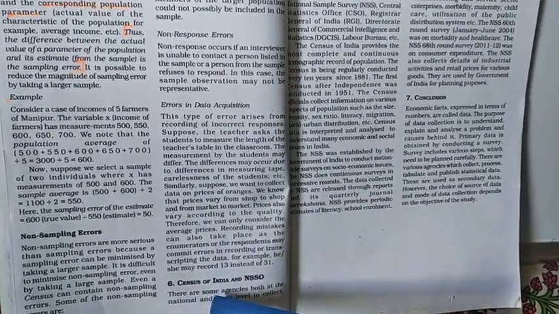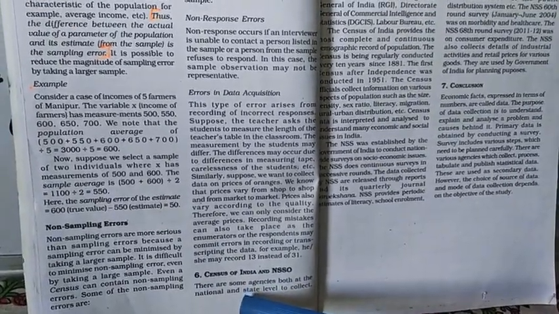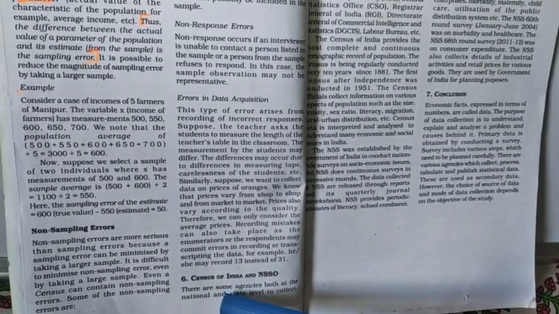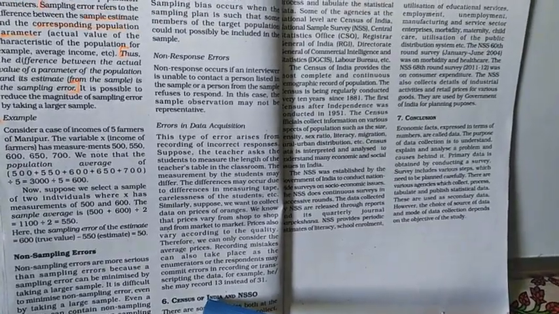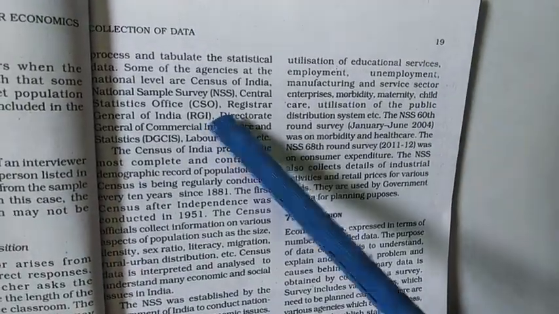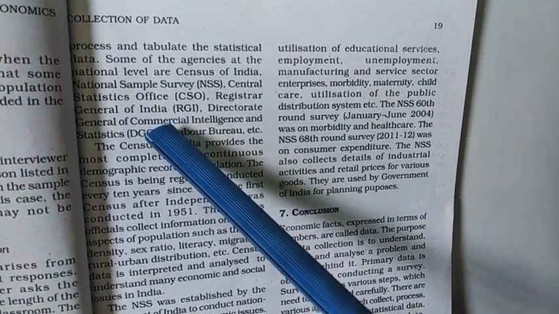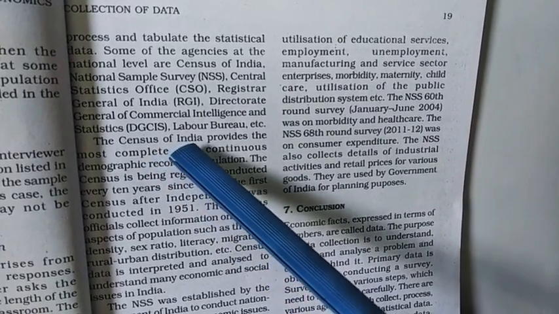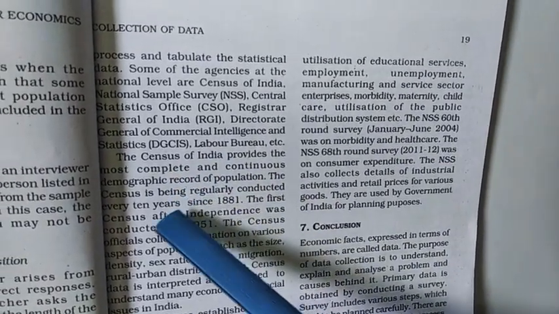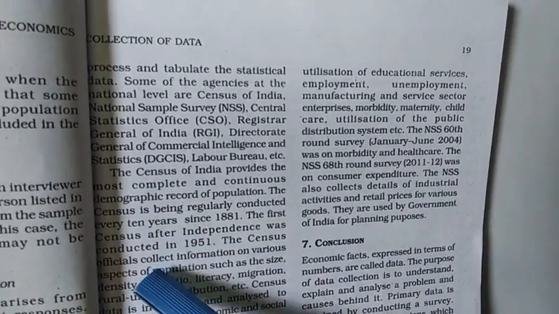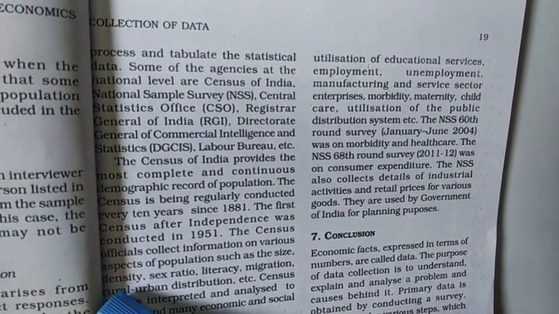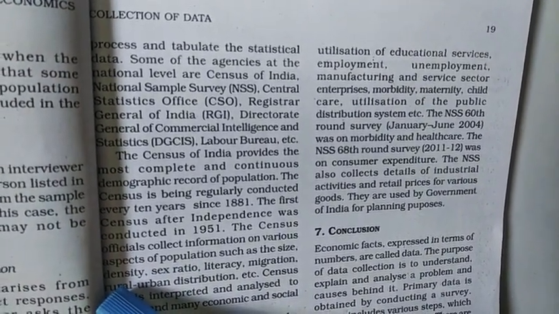What are some of the organizations or agencies which look after the census or sampling? Mainly we have NSSO, National Sample Survey Organization, Central Statistics Office, Registrar General of India, Directorate General of Commercial Intelligence and Statistics, Labor Bureau, etc. These are some of the agencies looking after the census and collection of data throughout the country.